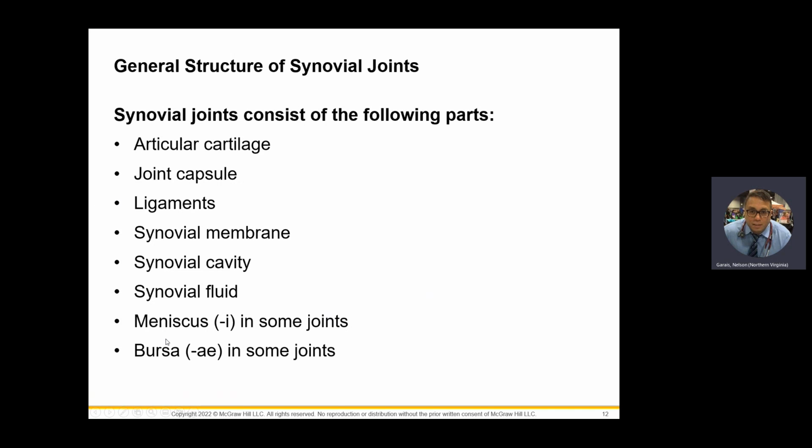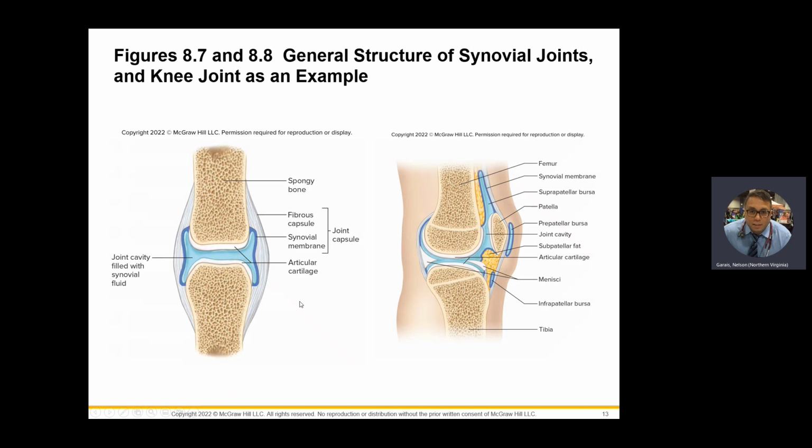Meniscus, bursa, right? And let's show what those things are. Remember, bursa means pocket. So let's look at this. If you look at the knee, in order for this thing to move, it's kind of complex. Because if we saw the cartilage, it's just what? Cartilage connected to a bone, end of list. If we saw the sutures, gomphosis, it's just what?